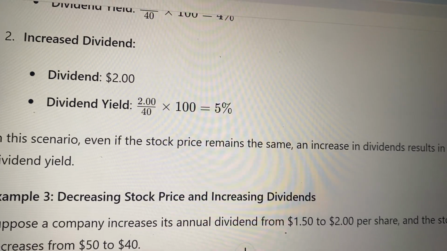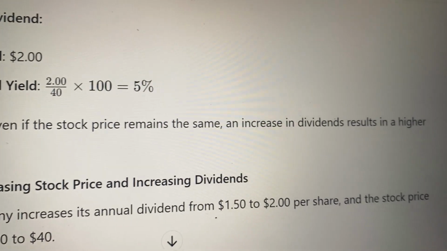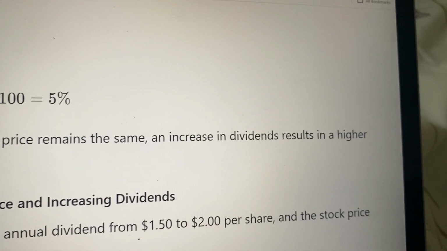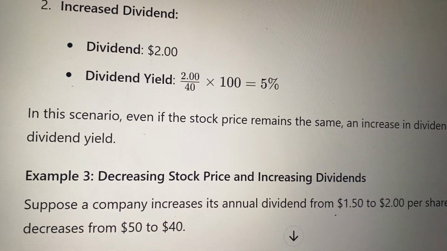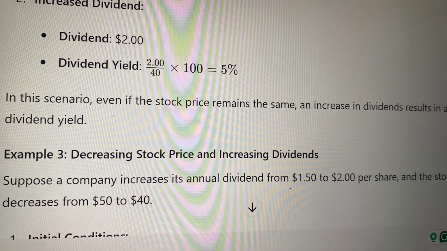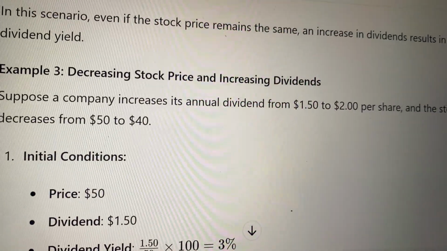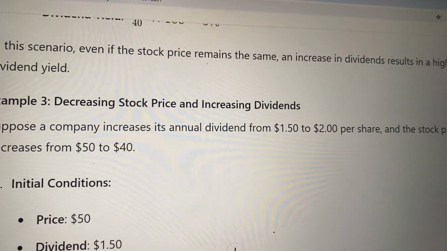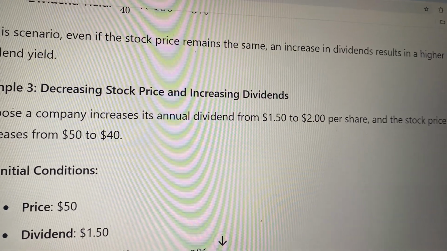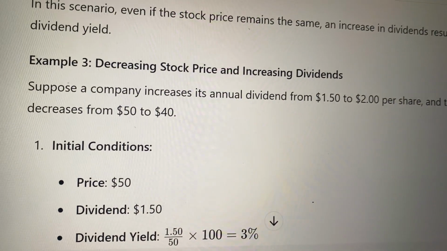In this scenario, even if the stock price remains the same, an increase in dividends results in a higher dividend yield. Moving on to example 3. Decreasing stock price, the price of the stock goes down, and increasing dividends.